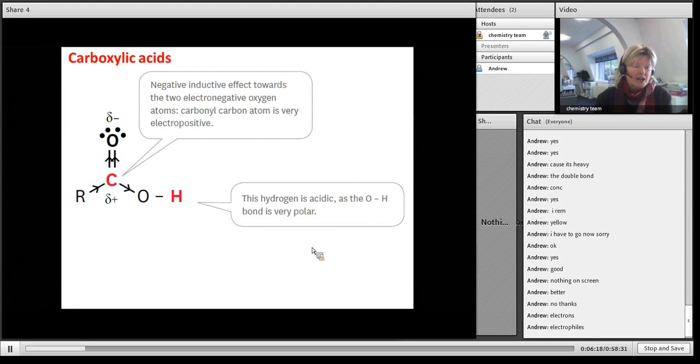If it was negative, it would repel electrons. So something that's electron rich is actually a nucleophile because it has to be negative to attract the positive center like that carbon.